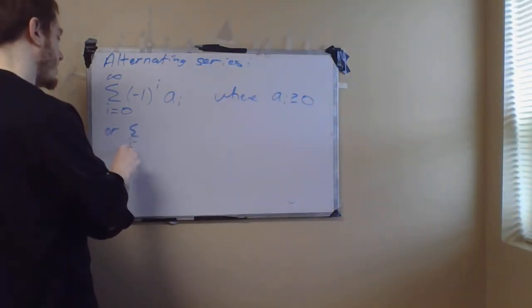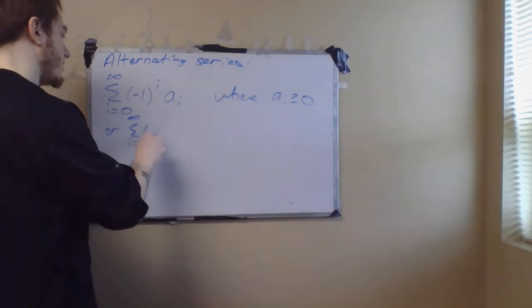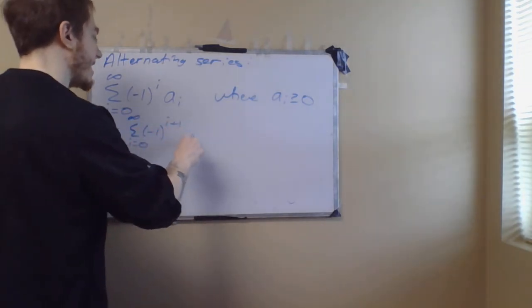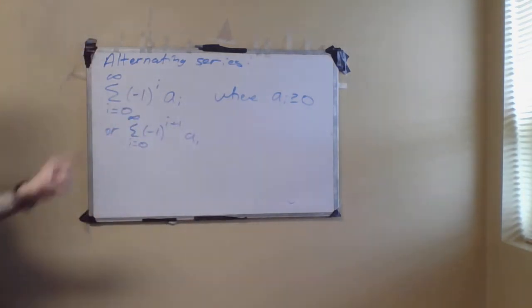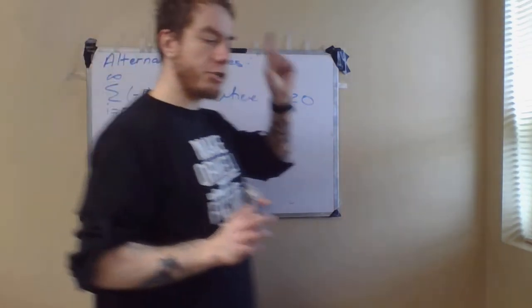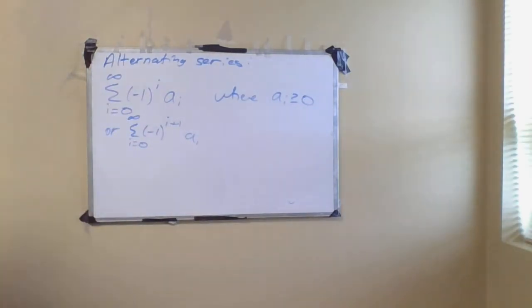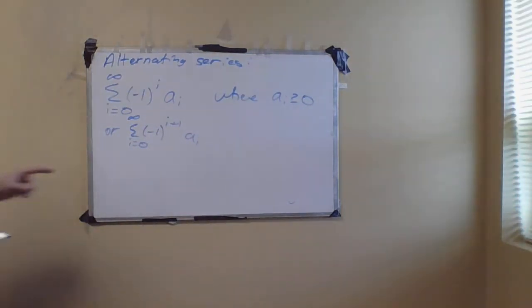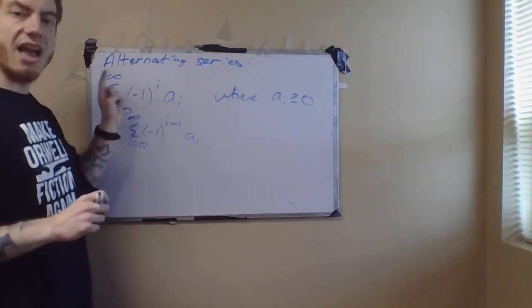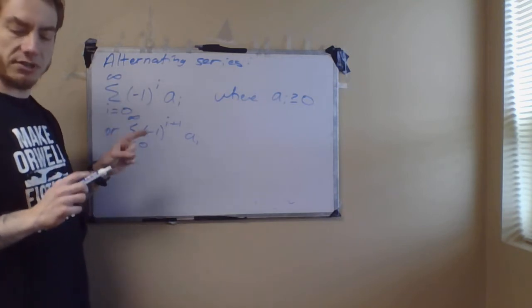Or you could have the sum from i equals 0 to infinity of minus 1 to the i plus 1 times a sub i. The point is that each time we move to the next term, the sign changes. So we flip back and forth between positives and negatives as we go through this thing.